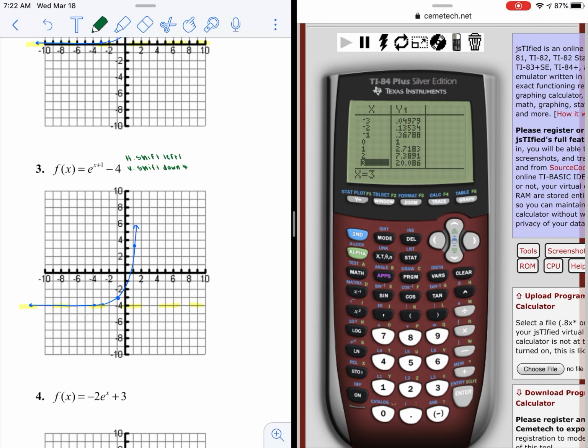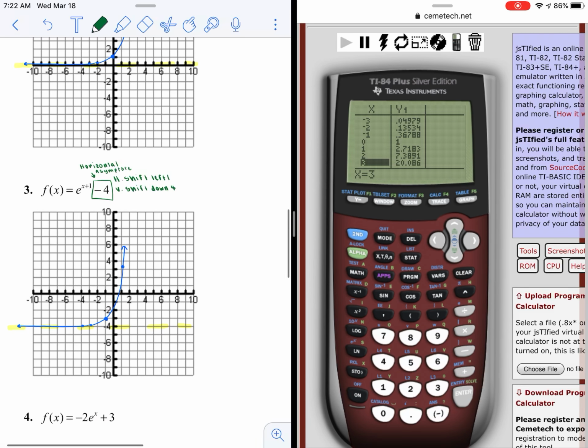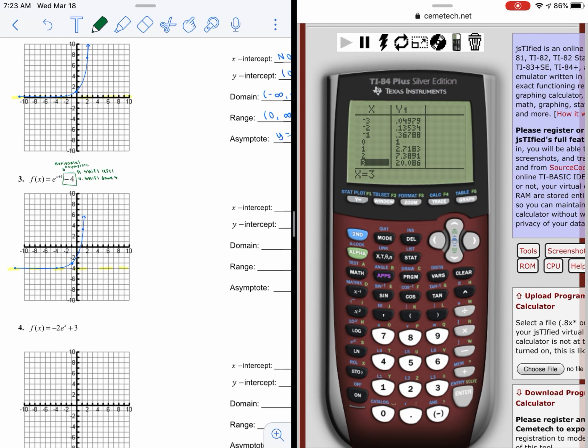Now note, as I've talked about before, that this shift is going to be the horizontal asymptote value. And what I like is how I had copy and pasted the parent function, and you saw how that horizontal asymptote moved with the transformations. It wasn't affected by the shift to the left, but it was affected by that shift down, which is why that value becomes our horizontal asymptote.